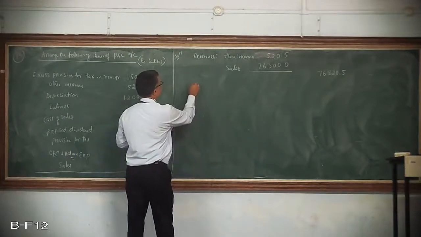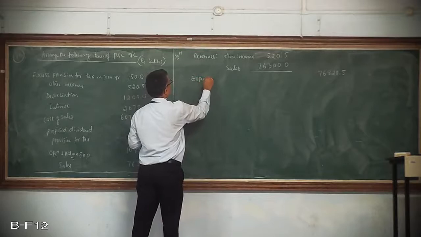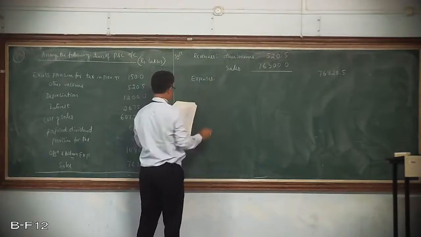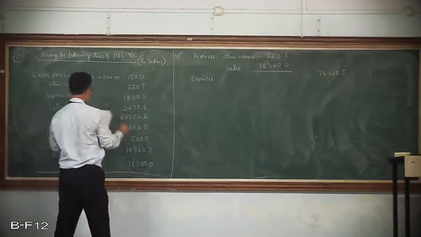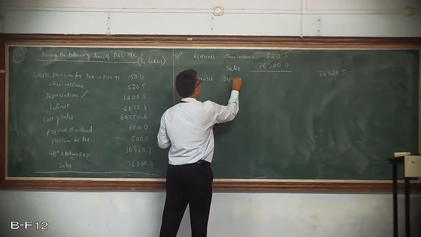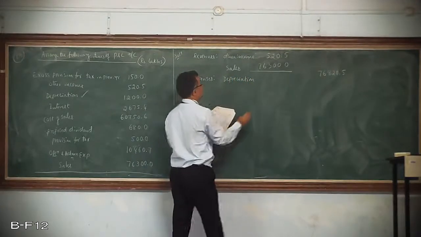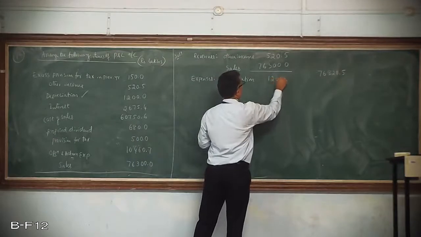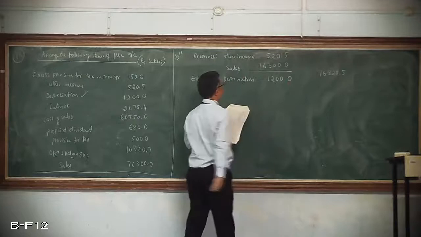Next, write the expenses. So take the expenses one by one here. Depreciation is 1200.0 lakhs.